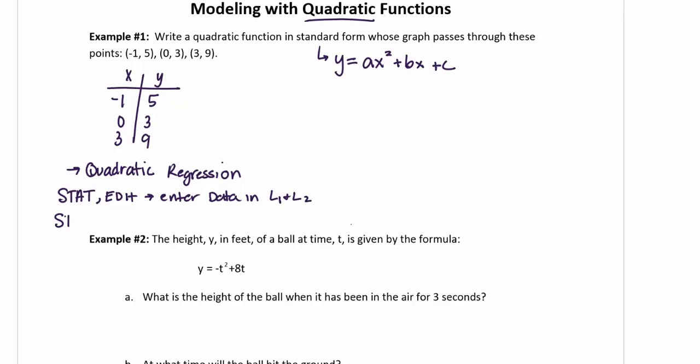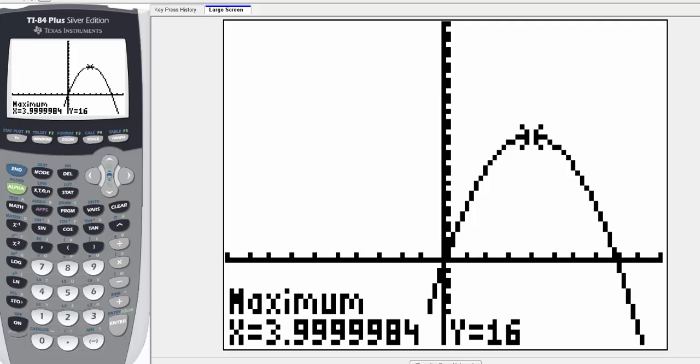And then I'm going to go to Stat again, but then this time I'm going to go to the right and go to Calc, and then use the function QuadReg, because I'm going to do quadratic regression. So make sure you have those buttons written down, and then we'll go through the process in the calculator.